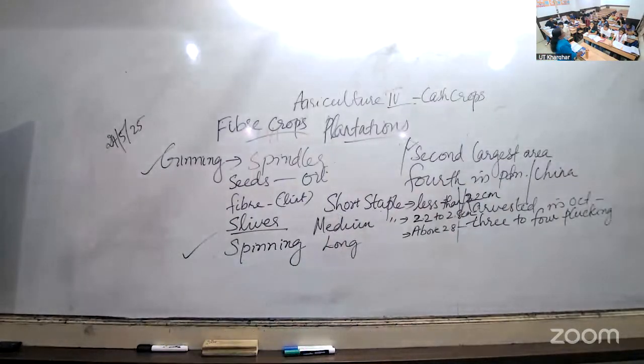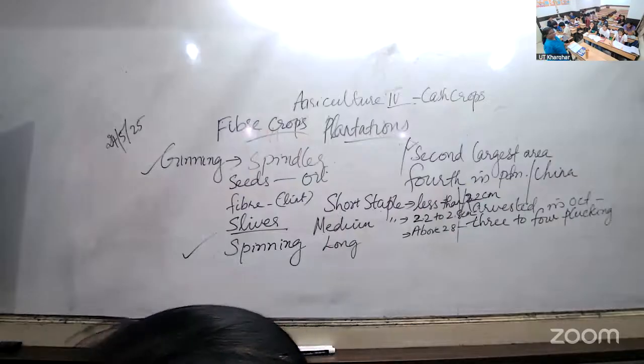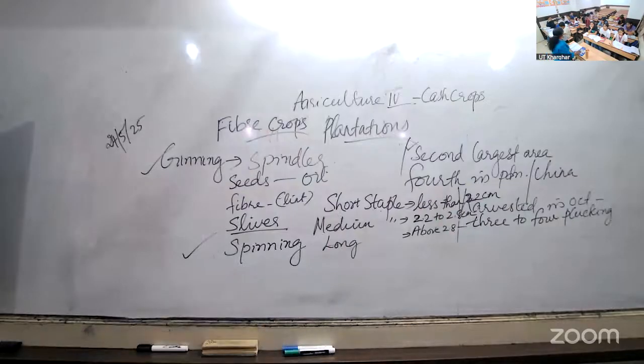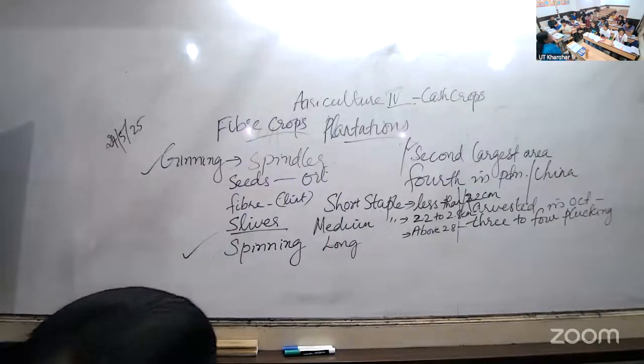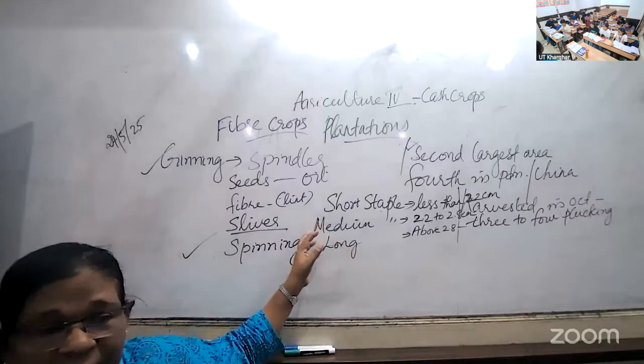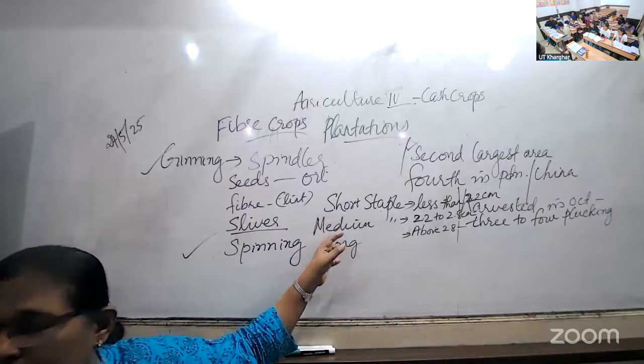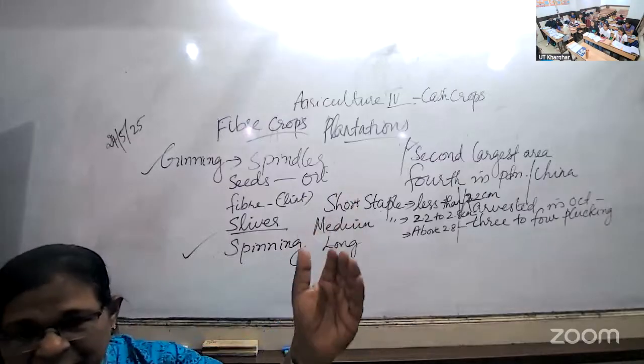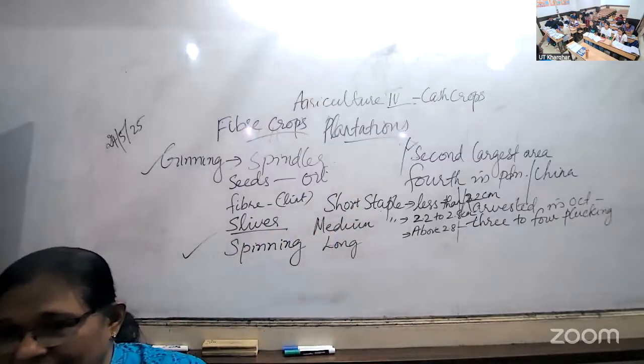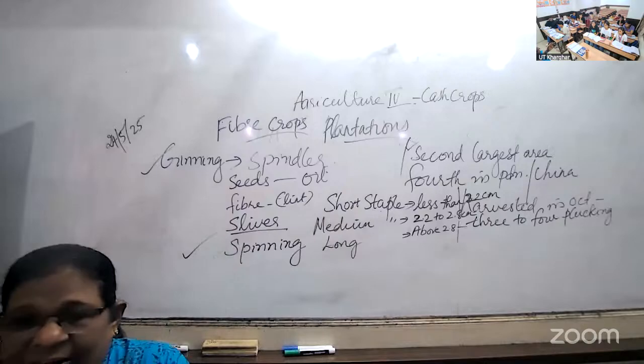Which are the states where cotton is produced? Major cotton producing areas: Gujarat, Andhra Pradesh, Maharashtra. See, earlier when I told black soil region. Black soil regions are Gujarat, Maharashtra, Karnataka, Andhra Pradesh.